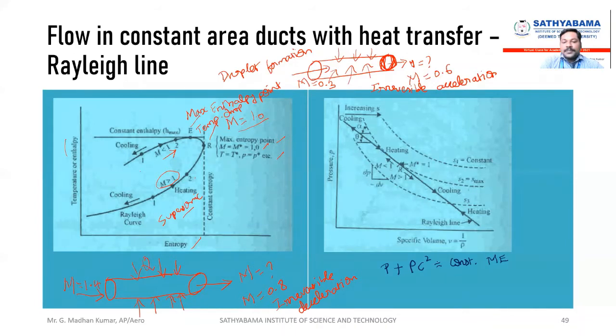Using this momentum equation, what I am going to do is replace this value of C using rho C equal to m dot by A, and this rho C is given as G, right?